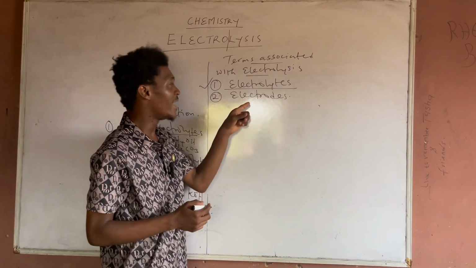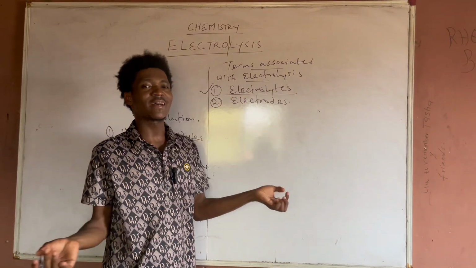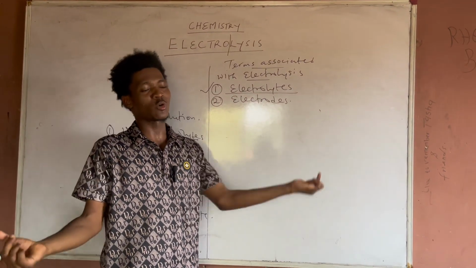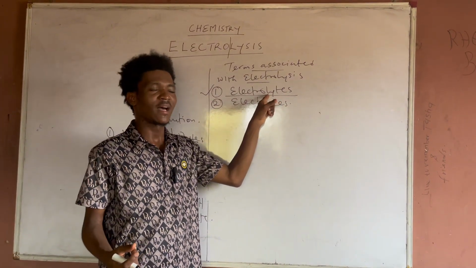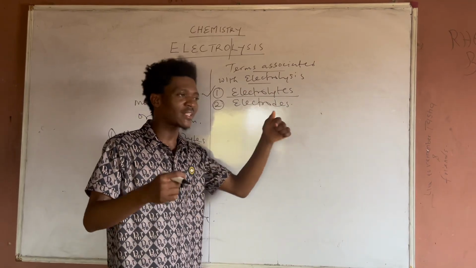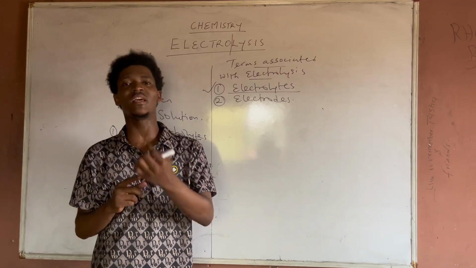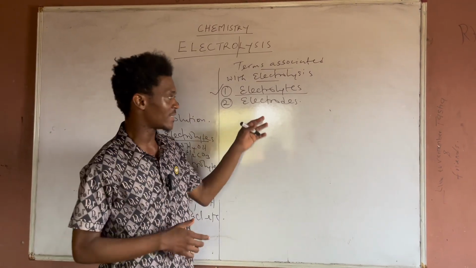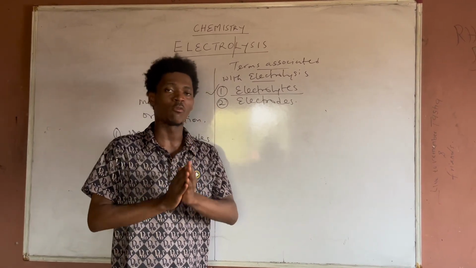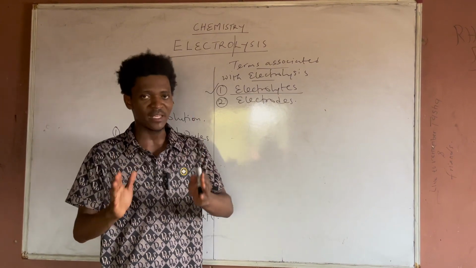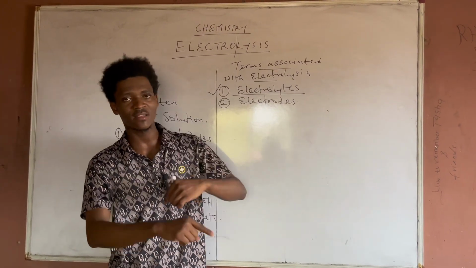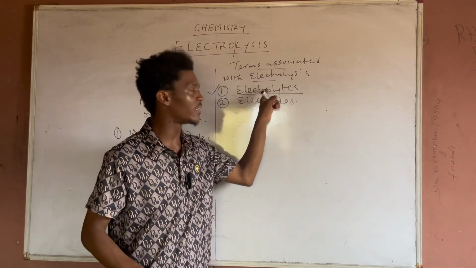Electrodes are the ones that supply the current to the electrolyte, and they also provide the passageway through which the current leaves the electrolyte. So by definition, electrodes are materials in the form of wires, rods, or plates through which current enters and leaves the electrolyte.